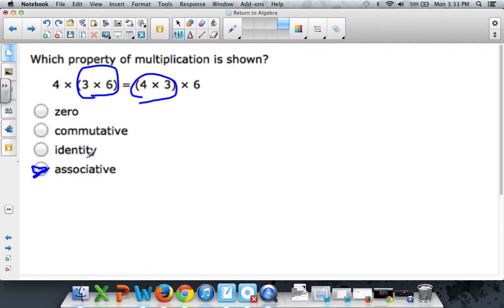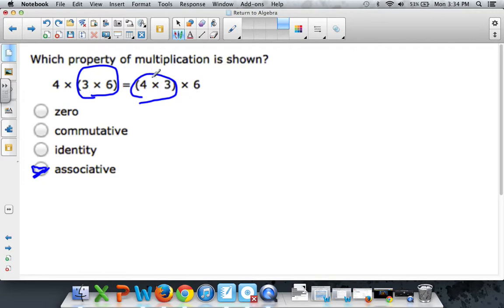It's a grouping property. And as you can see, grouping these numbers in any particular way doesn't really change the outcome. If you do 3 times 6 first, you get 18, and then 18 times 4 gives you 72, I believe. It's the same thing as 4 times 3 is 12, and then 12 times 6, well, that's 72 also.